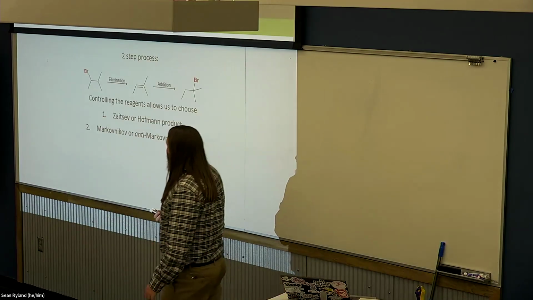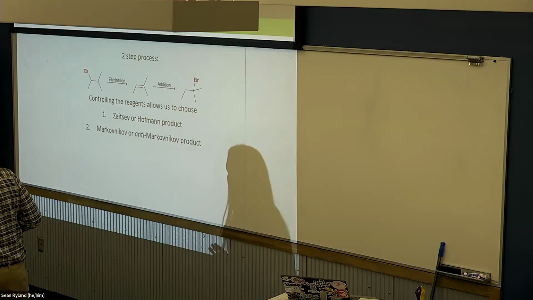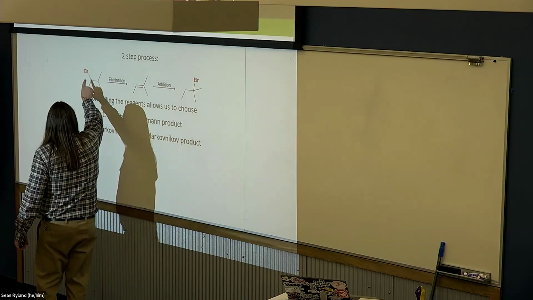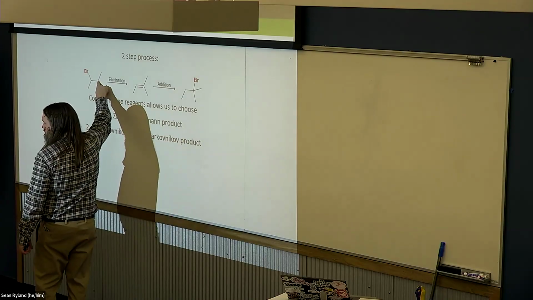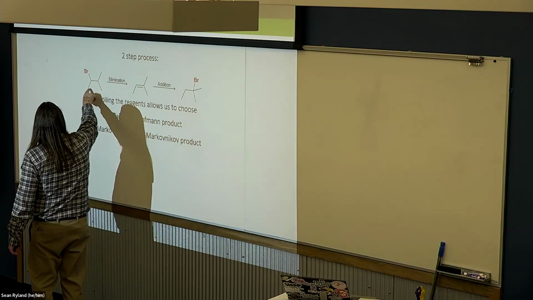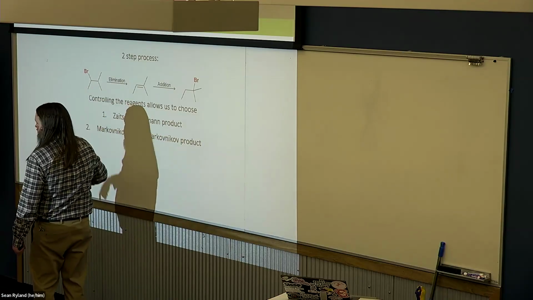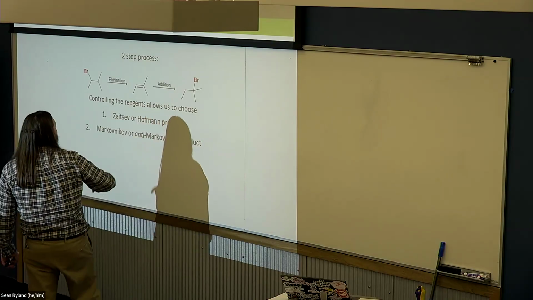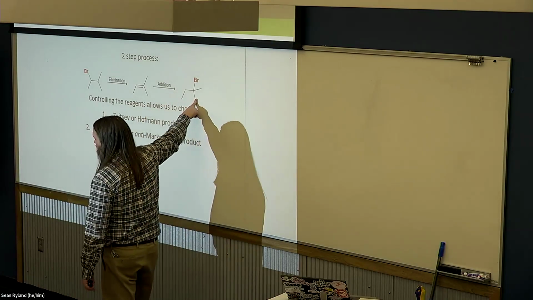Right, so here's a zoomed in version of what we were just talking about. Let's say we wanted to put the bromine here. We started from this molecule, but we don't want the bromine there, we want it on the tertiary carbon. We do an elimination, and then we can do an addition.